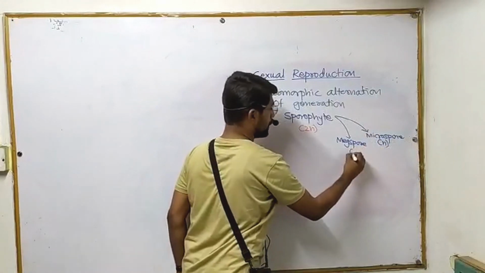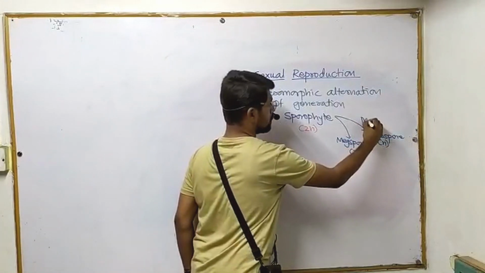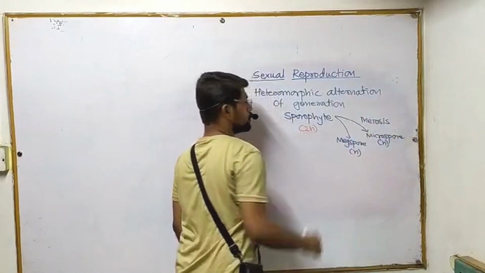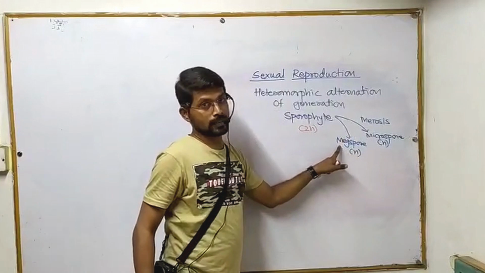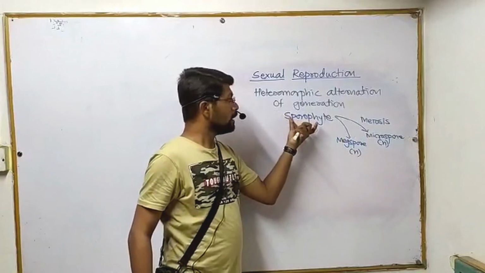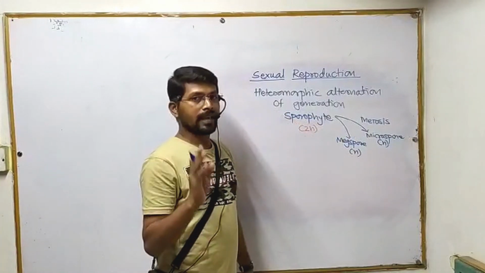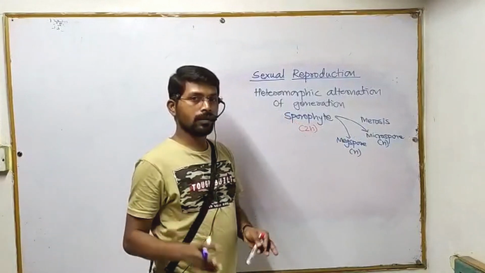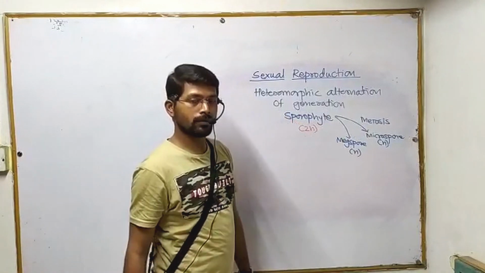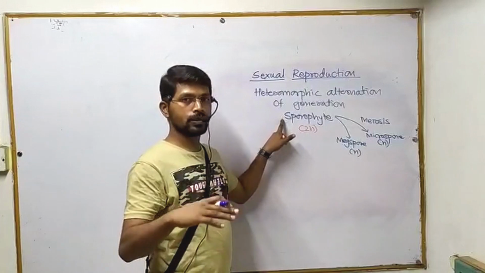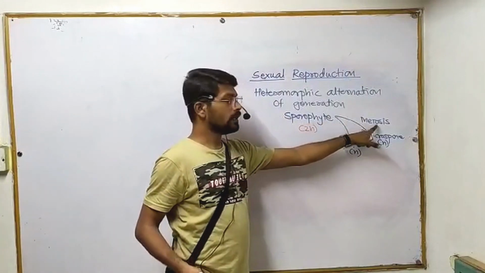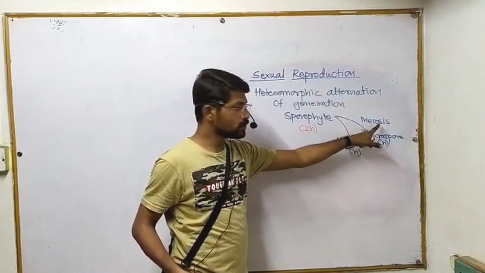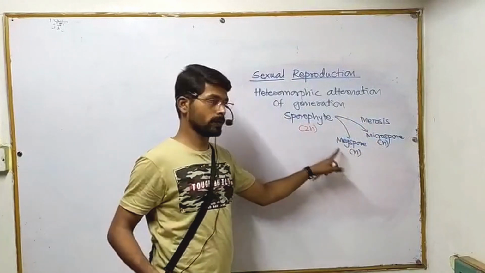Both are haploid because these are the product of meiosis. So the sporophytic plant undergoes meiosis to produce microspores as well as megaspores. Sporophyte is the actual plant of the flower or the flowering plant. The plant which you observe by your naked eyes in case of angiosperm and gymnosperm is the sporophyte, which is diploid, which will undergo meiosis in its gonads to produce microspore and megaspore.